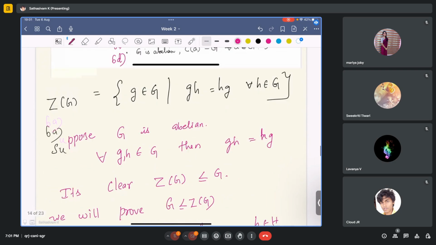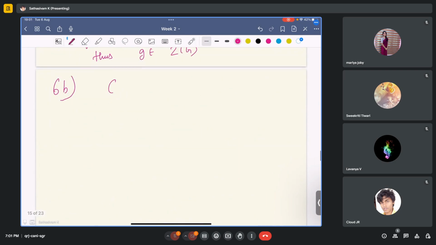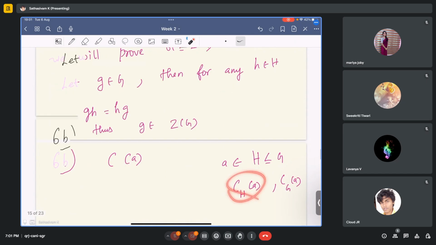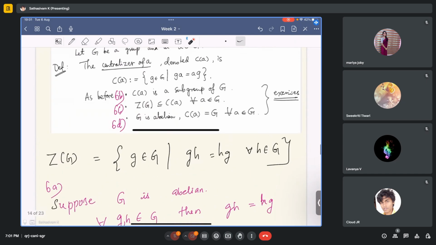The book writes only C(a). When there are more groups, for example H is a subgroup of G, and a is an element of H, then when you talk about the centralizer, you write the centralizer in H of a or the centralizer in G of a, to say from which group you take the elements.